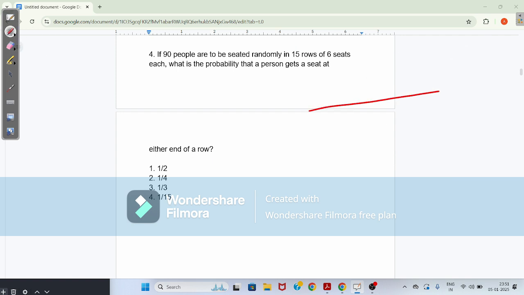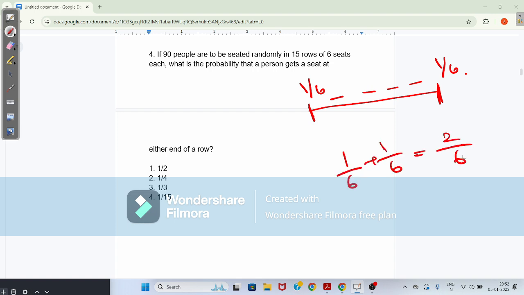Consider only one row, and the end seats are these two. How many people are sitting here? 1 by 6, and here 1 by 6, because there are 6 seats. Add these two. 1 by 6 plus 1 by 6 equals 2 by 6, that equals 1 by 3, which is the correct answer here.